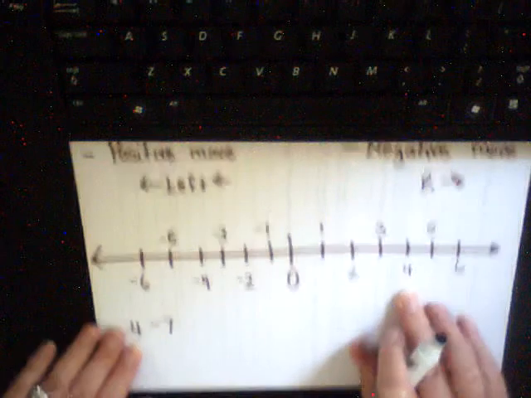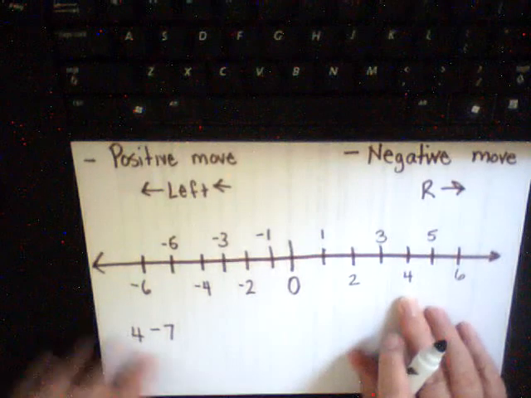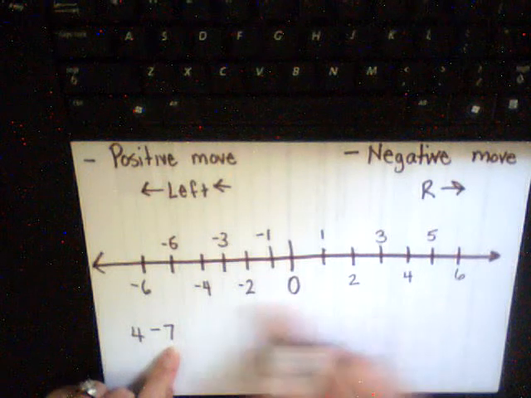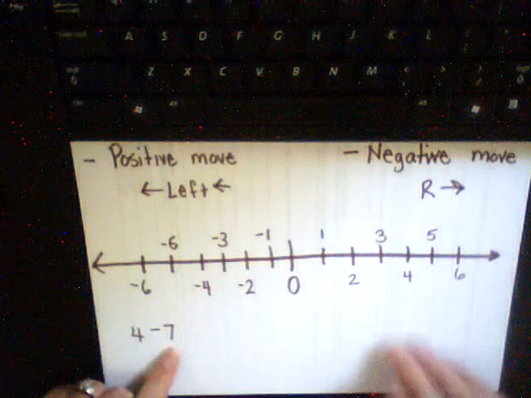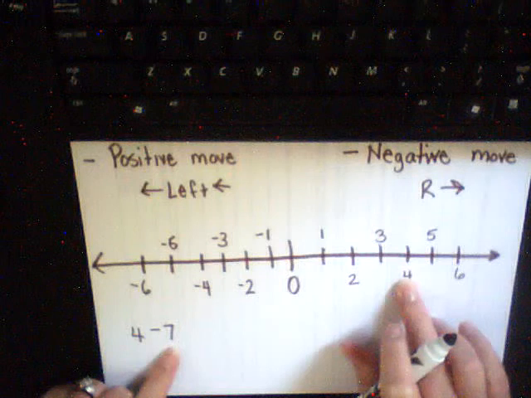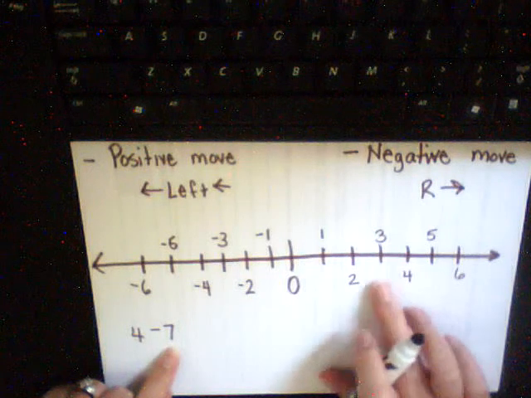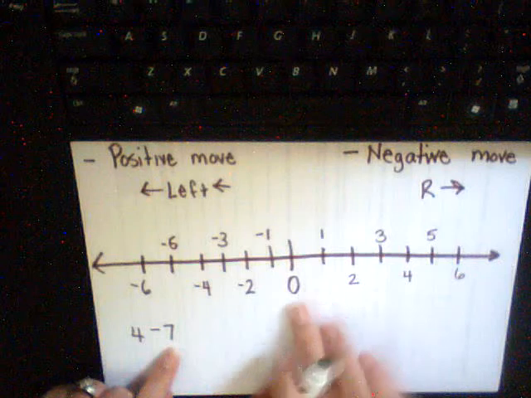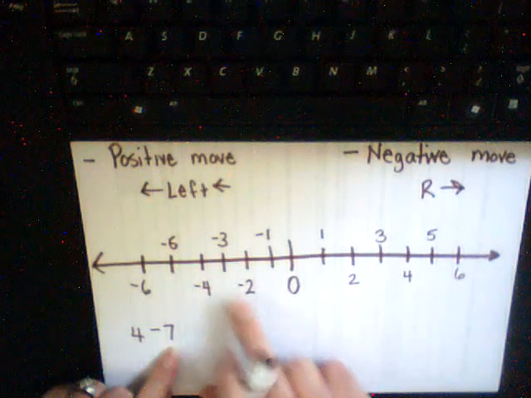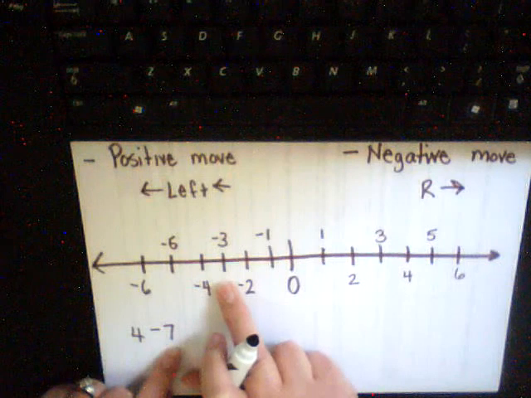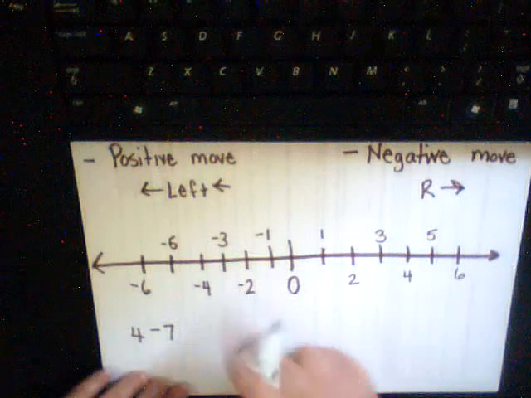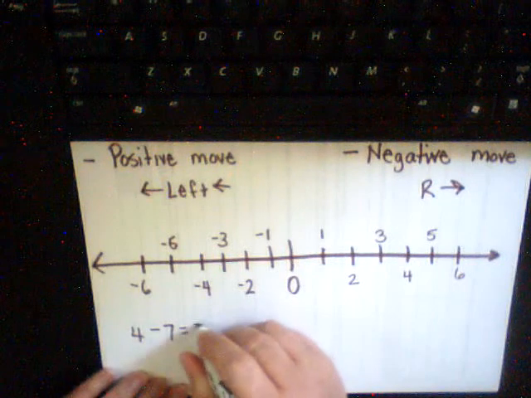And because we are subtracting a positive 7, we are going to move to the left 7 spaces. So we start with the number 4, and we count 1, 2, 3, 4. Yes, you count the 0. 5, 6, 7. And we end on -3. So our answer is going to be -3.